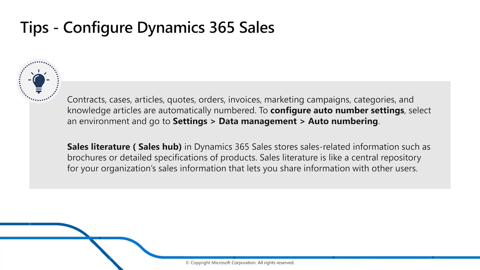Sales literature is like a central repository for your organization's sales information and lets you share information with other users. Some of the ways we can do this is we can attach it to a quote, attach it to an email, or send it directly to our customers. Again, it's sales literature. It's going to help us complete the sales process.